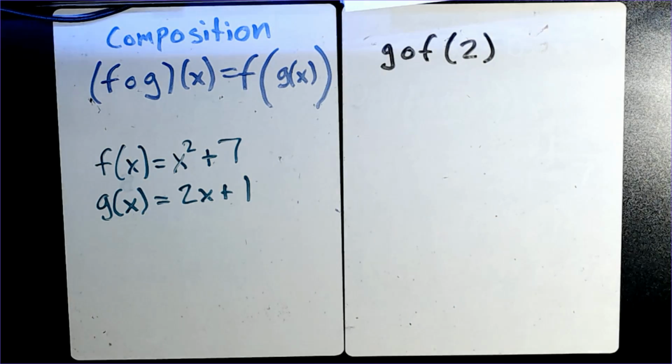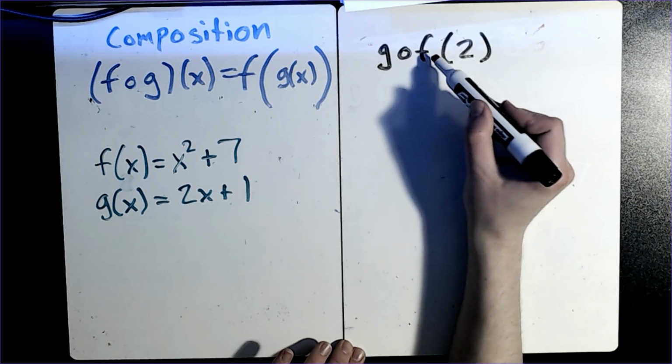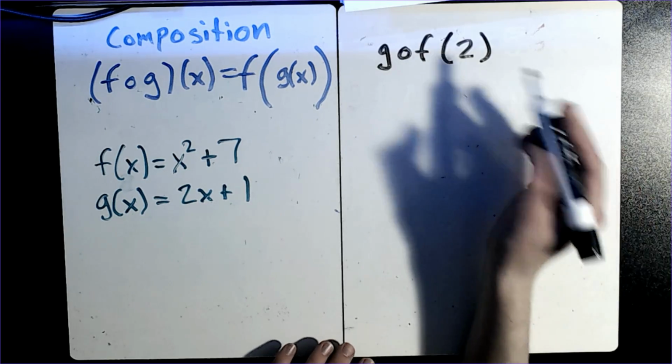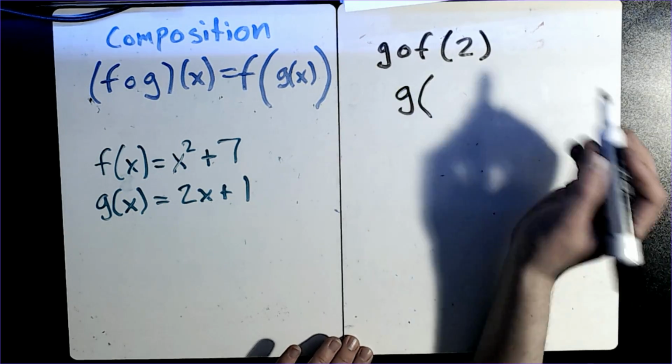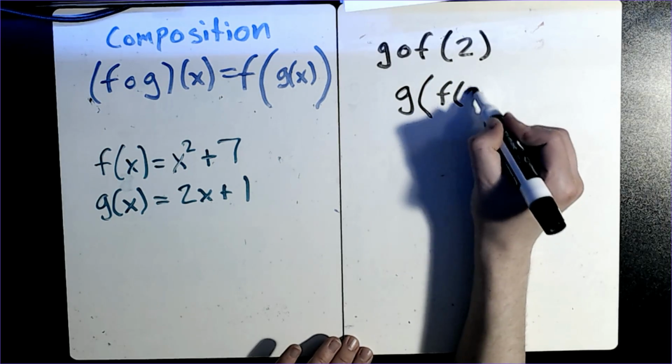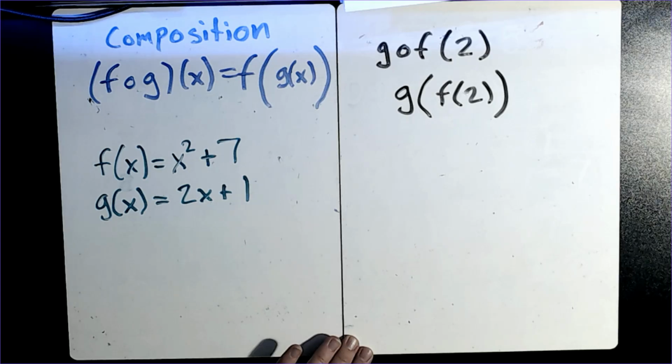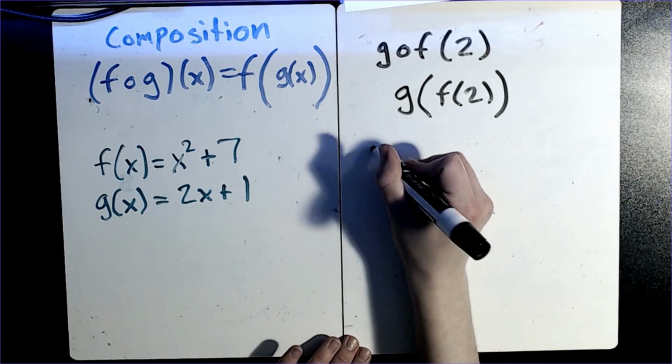So to do g composed with f, the 2 is going to go into the f first, and then we take our answer and plug it into g. So that is going to be g of f of 2. Take f of 2, plug it into g. So first find f of 2.